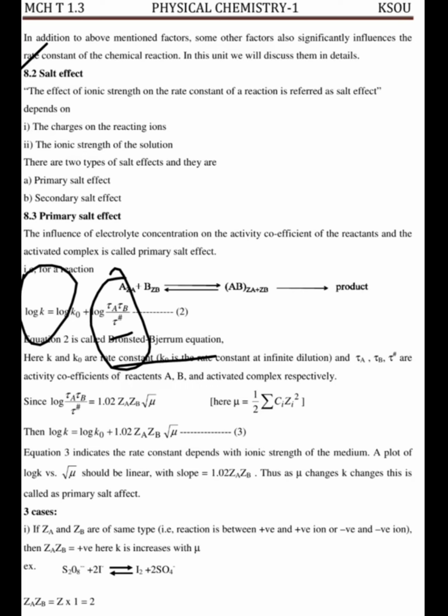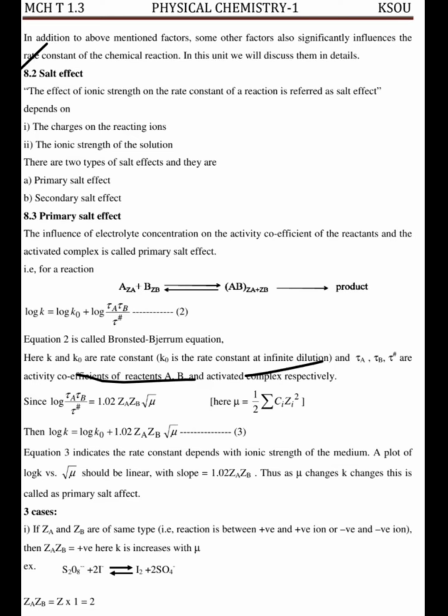So the rate constant in the ionic strength can be written as, since k and k naught are rate constants, k naught is the rate constant at infinite dilution, whatever the electrolyte you have taken for the reactant to dilute.